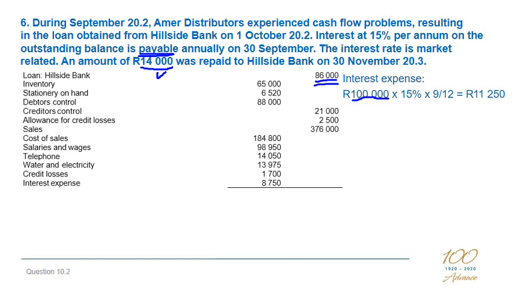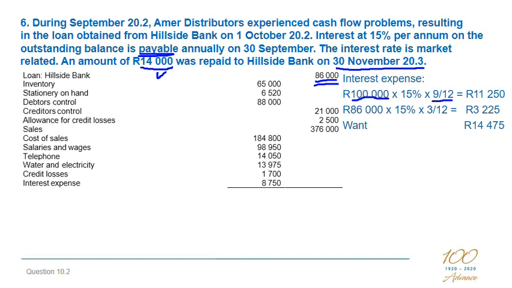So 100,000 Rand was my loan amount from the start of the year. So until the payment on the 30th of November, I had 100,000 Rand of the bank to use for 9 months. Then it changed to 86,000 for the remaining 3 months that's left in the year. And that will give me the interest expense that I want in my books. I want the interest expense according to the accrual concept to be 14,475.